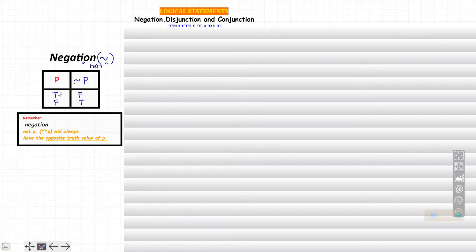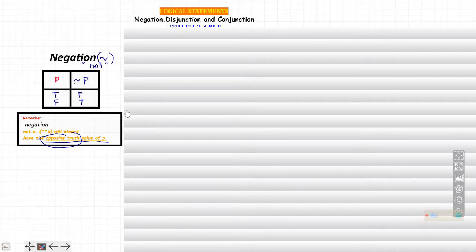So these two cases are the only thing that you need to remember. Negation, not P, will always have the opposite truth value of P. So true, false, false, true.